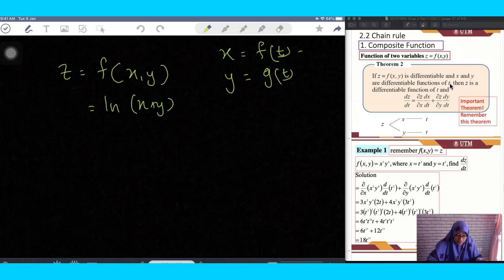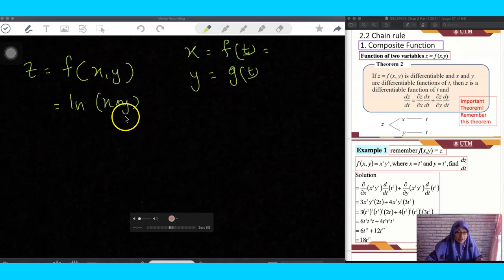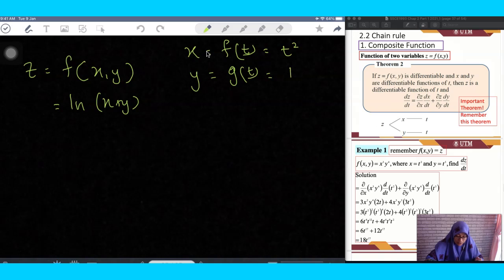For example, z is ln of x plus y, but x is t squared, and y is sine t. Then how can you determine del z over del x, or maybe del z over del y?